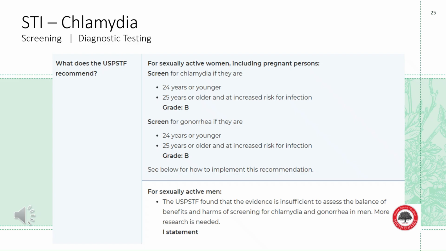You can also do self-testing. A lot of times patients can do these swabs themselves if they're trained, but any diagnosis should be clinically correlated with findings on history and physical examination.